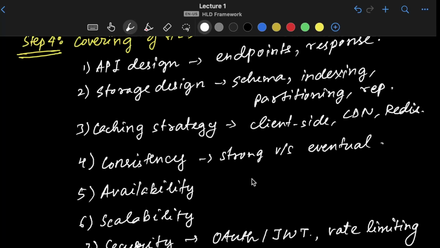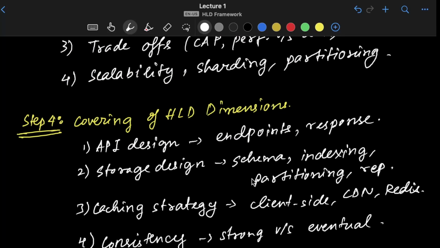So if you follow this flow, and you know some of the most used components like cache, Redis, the database, SQL, NoSQL, etc., I think you can approach most of the problems in HLD. So this is the overall framework which I wanted to discuss today in this video.